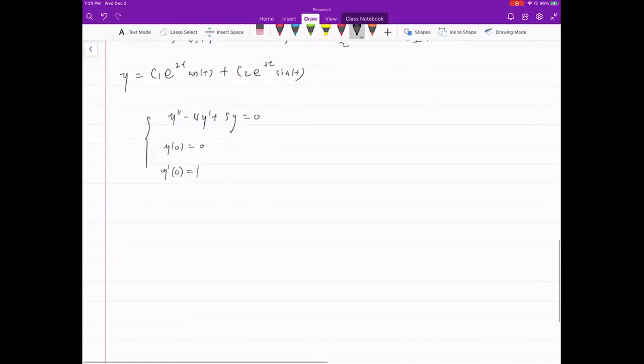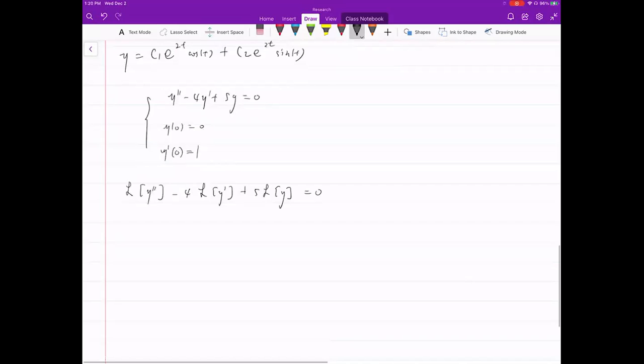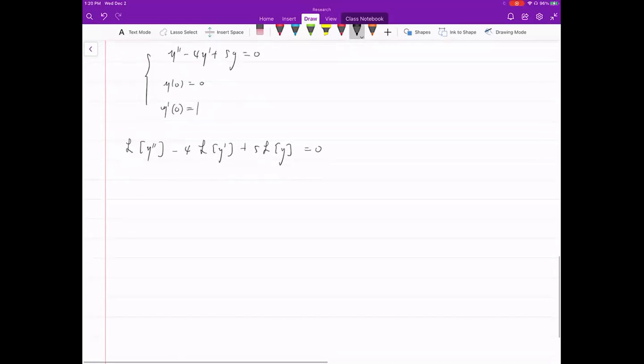All right. Laplace transform. Use the linear property. So far, so good. First case.